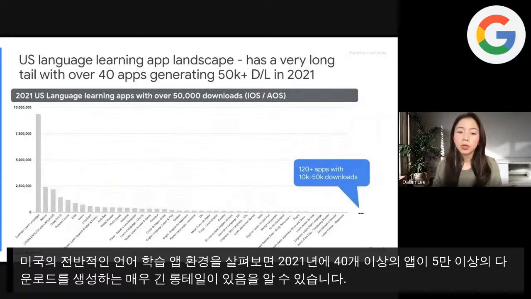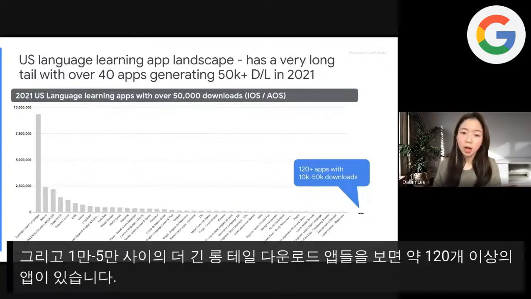If you look at the language learning apps landscape in the US, we notice a very long tail, with over 40 apps generating more than 50K downloads in 2021. And in the longer tail with 10K to 50K downloads, there are more than 120 apps.